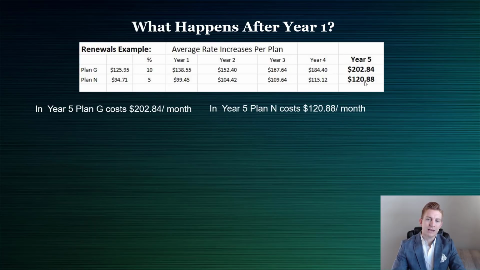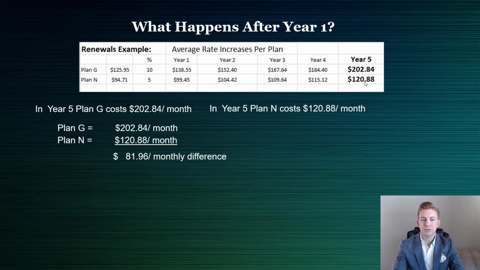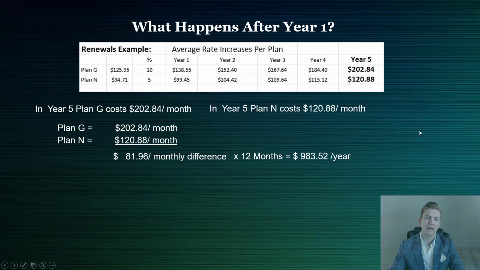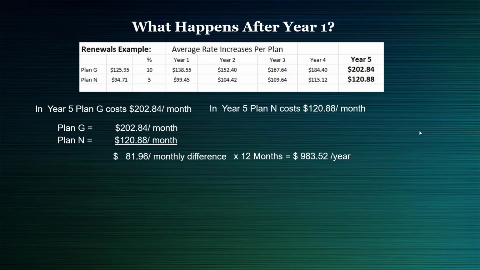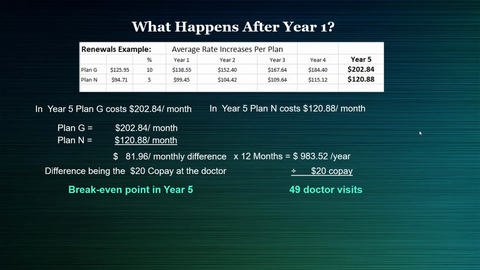In year 5 on Plan N, the cost would be $120.88. That gives us a total monthly difference of just under $82. And again, if we annualize that over a 12-month window, that's $983 a year difference in premium. Divided by the $20 copay gives us a break-even point of 49 doctor visits.